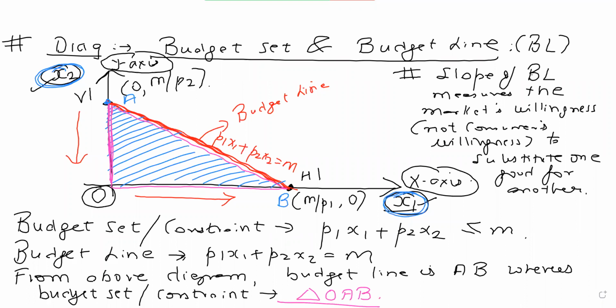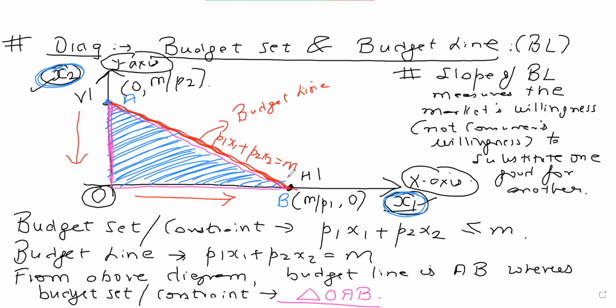AB is your budget line because AB is going to include only those combinations of X1 and X2 which are costing you exactly equal to your income. Whereas all the area below the budget line, the blue area, is going to include X1 and X2 which are costing you less than your income.